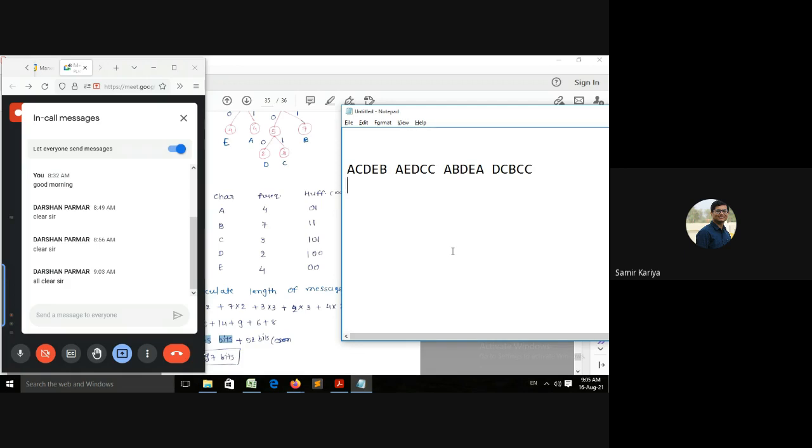Okay, now just count for both, fixed length as well as variable length. 5 plus 5, 10, 15 and 20. Okay.